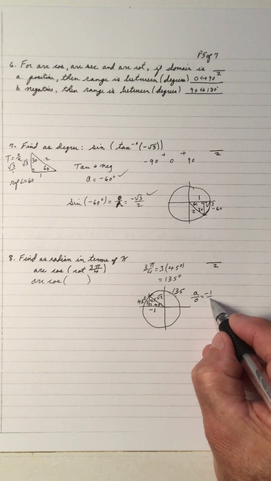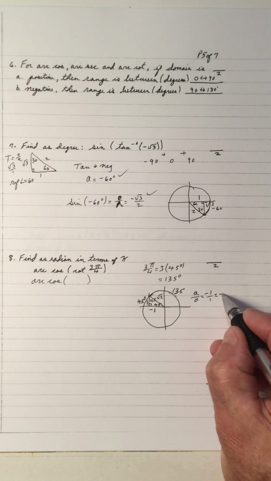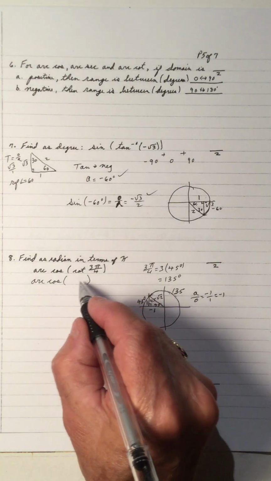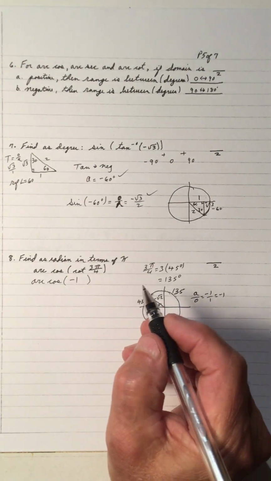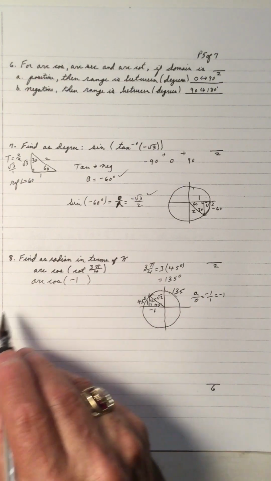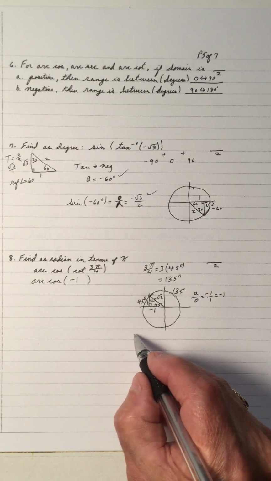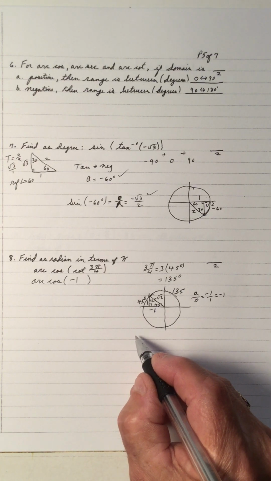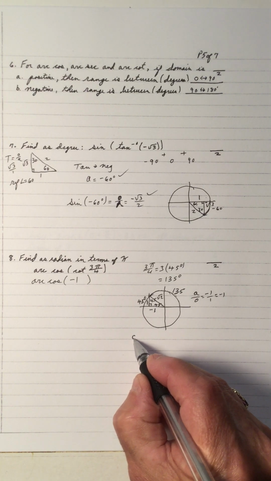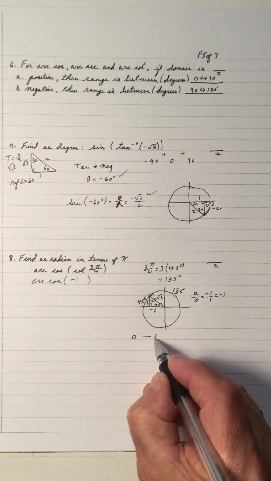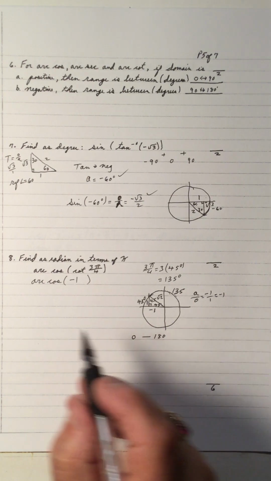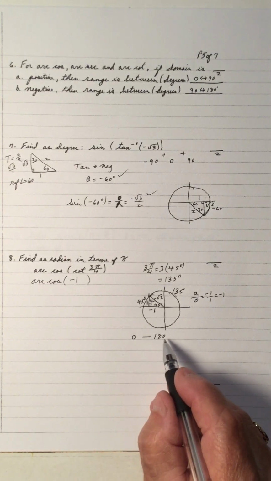Adjacent is negative 1 over 1, so that's negative 1. And now we're doing arc cos. Sine is from negative 90 to 90, so arc cos is from 0 to 180. So the cos of what angle is negative 1?